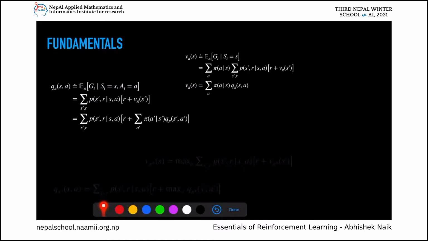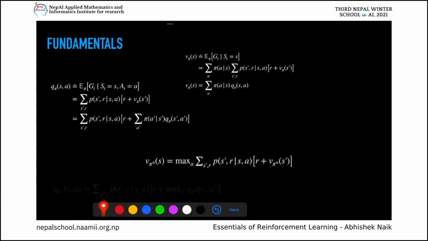Hope everyone's with me so far. Okay. Now, we have an expression for action values purely in terms of action values, right? No more state values. Now recall that we wrote the Bellman optimality equation for state values like this. Now, can you guess what the optimality equation would be for action values?